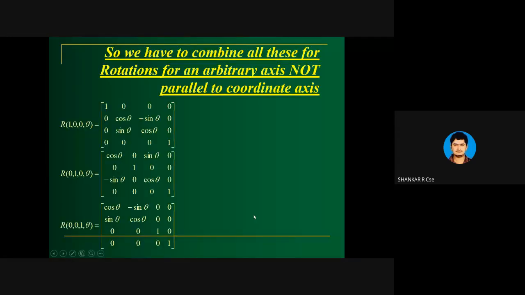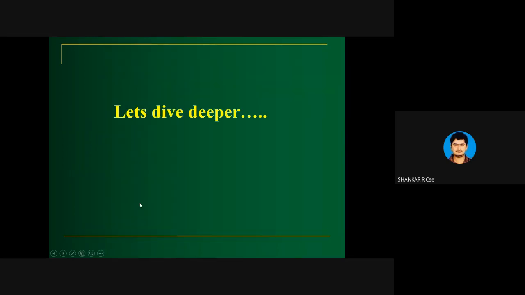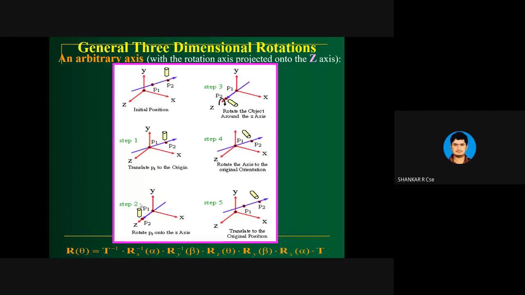So let us understand step by step. As I told you, if you want to rotate about an arbitrary axis, which is not parallel to the coordinate axes, you should take care of all these x, y, z. All right, if you dive deeper, this is how the textbook example shows the initial position.